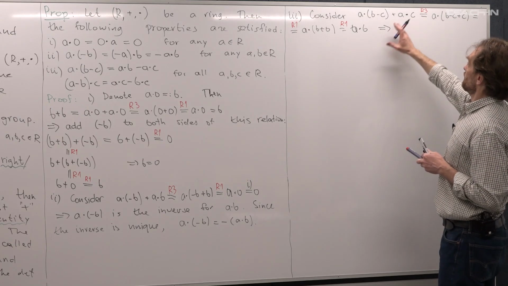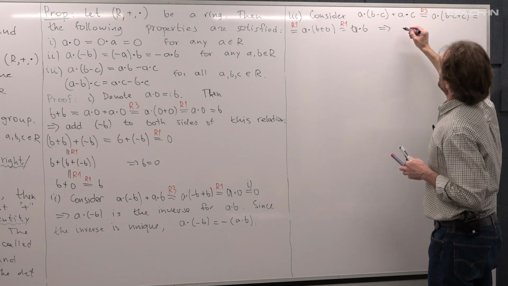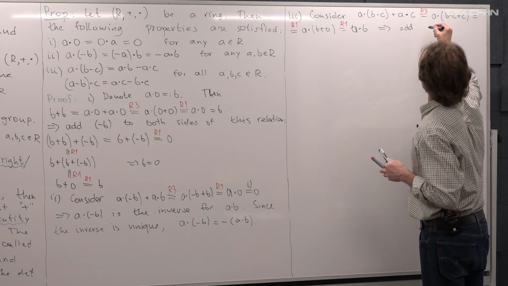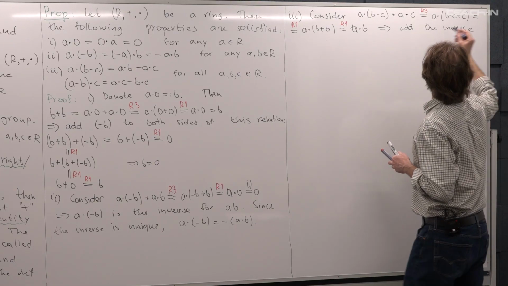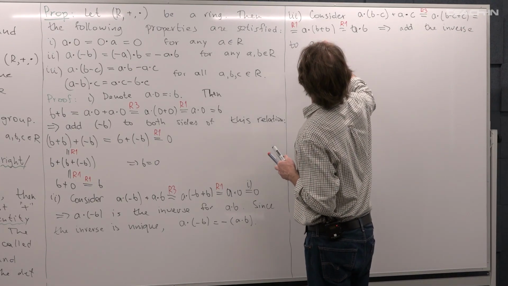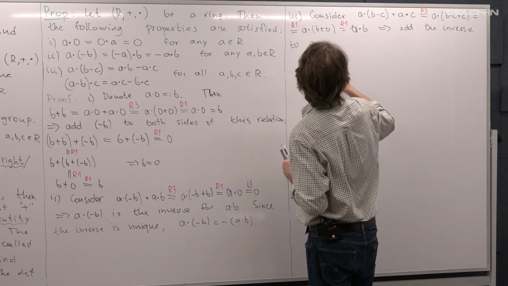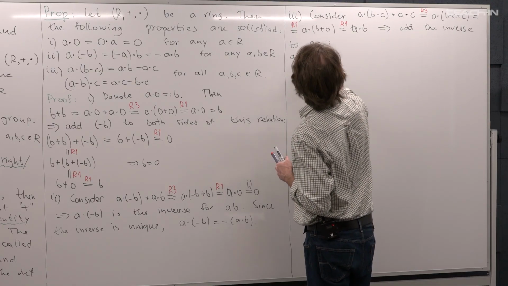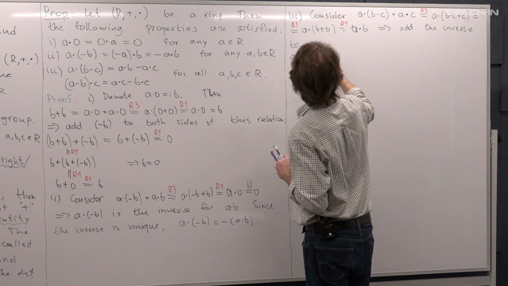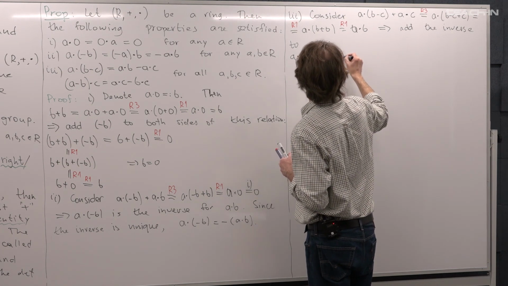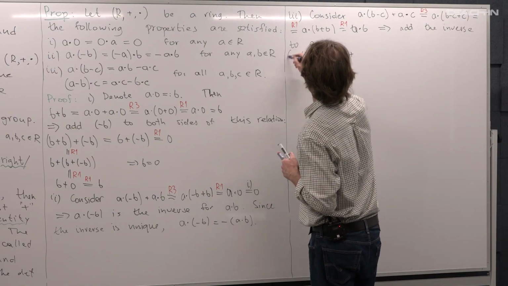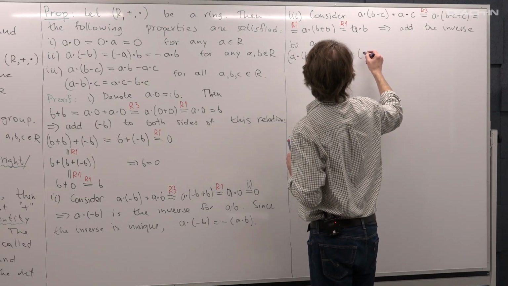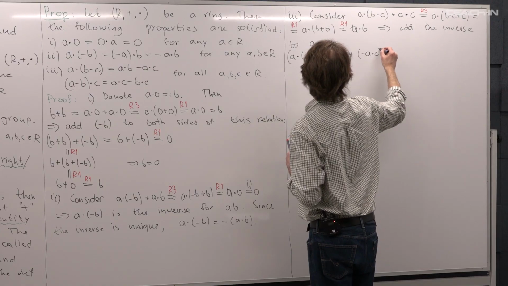So now we have this property, and now we add the inverse to A multiplied by C. So what do we get? We get A multiplied by B minus C plus A multiplied by C plus minus A multiplied by C.